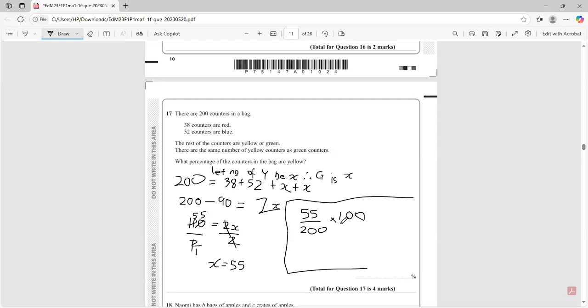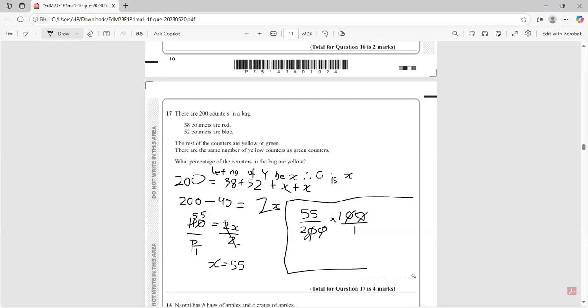Because anything short of this, if you multiply this guy by 100, it's going to be a number bigger than 100. And usually percentages in this context don't exceed 100. So if you find yourself exceeding 100, be careful. Something has gone wrong. So cancel your zeros, makes things easy for you.